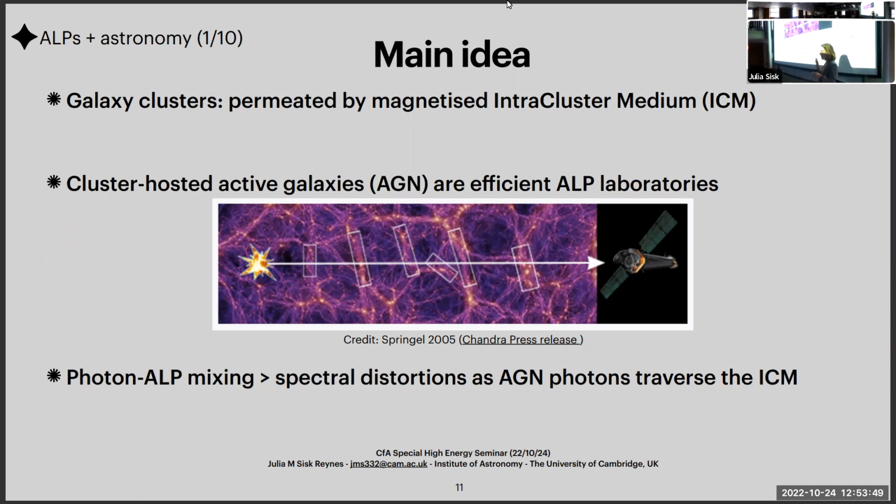So if a galaxy cluster is hosting an active galaxy that is very luminous in the X-rays, as the AGN photons travel through the magnetized intracluster medium, this photon-axion mixing process should take place. We should see this as energy-dependent modulations appearing in the spectra of these AGN, and provided that we have good enough models of the intracluster medium magnetic field, we should be able to use this to constrain axions.